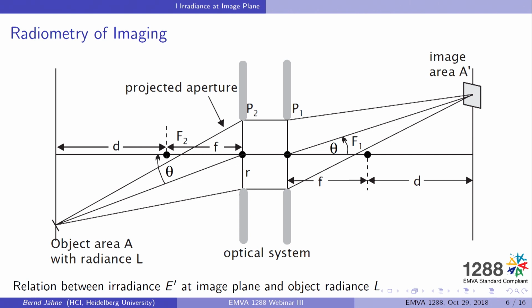We have on the left side an object area with a radiance of L, then a cone is entering our lens, which is indicated by this cone of light rays here, and then all the rays meet again at the image plane in another area. And so the relation is now we want to know what is basically the irradiance as a function of the radiance. I just want to show you the result and make it plausible to you.